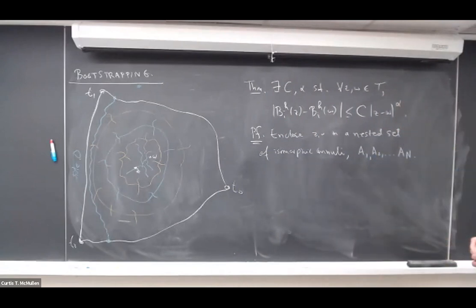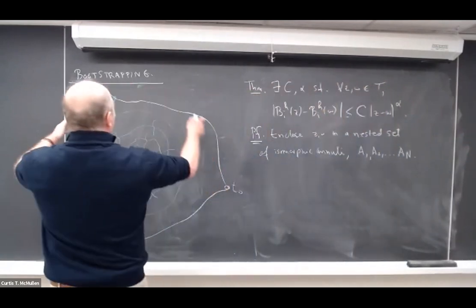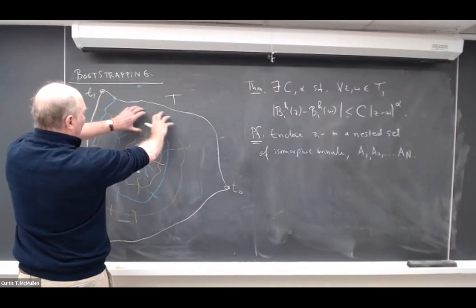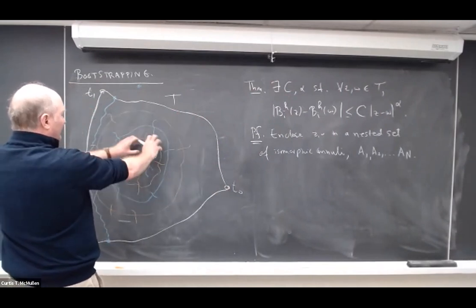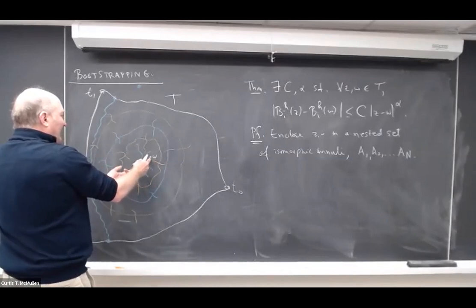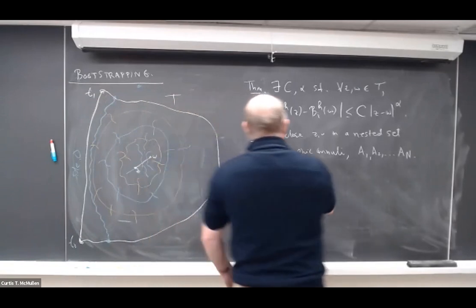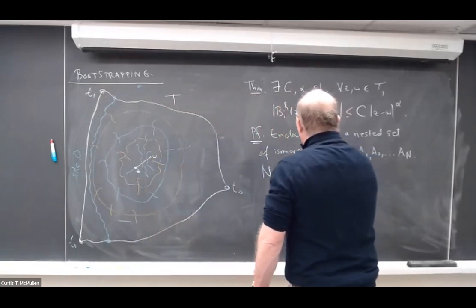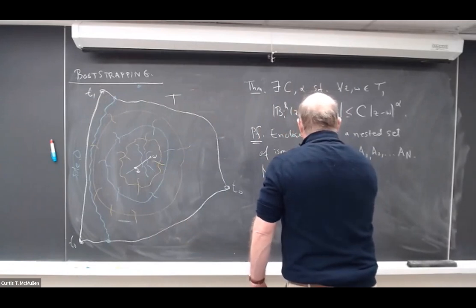And how far can we do this? Well, our triangle T has some reasonable size, so we could put an annulus of size 1, and then an annulus of half the size, and then a quarter the size, and we finally get down to the distance between Z and W. So the number of times you can do this is approximately the logarithm of 1 over Z minus W.